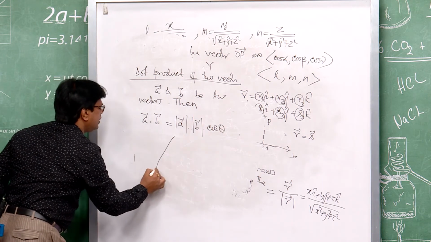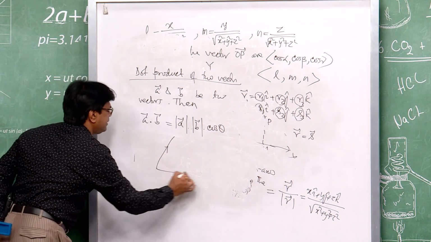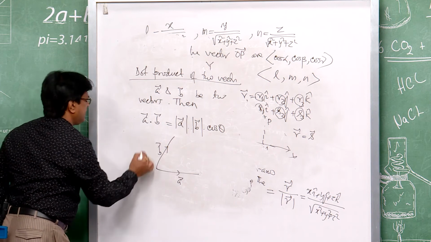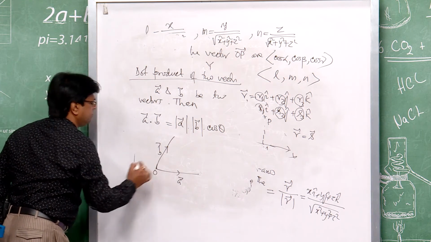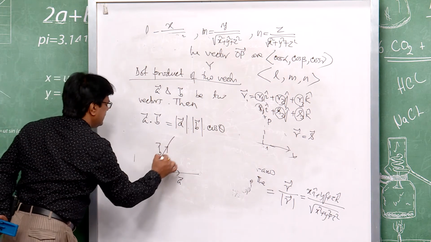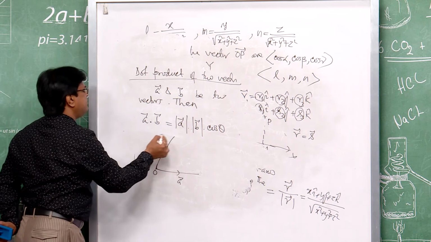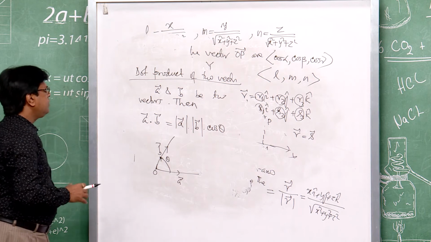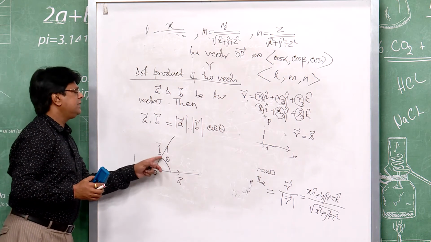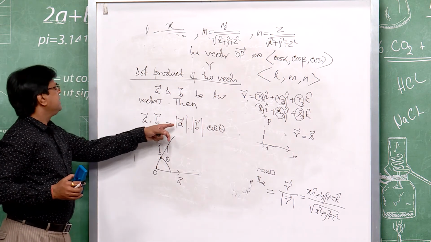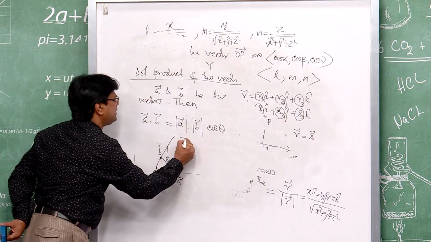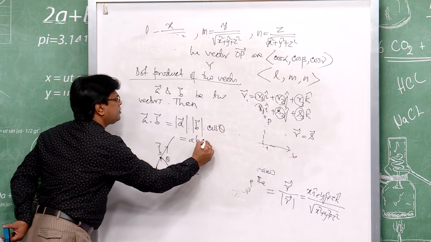Suppose this is your vector A, this is your vector B, this is your origin, and this is your theta. The angle between these two is theta, then A dot B is equal to magnitude of A into magnitude of B into cos theta, or that is treated as AB cos theta.